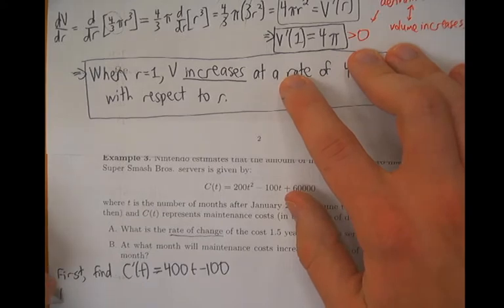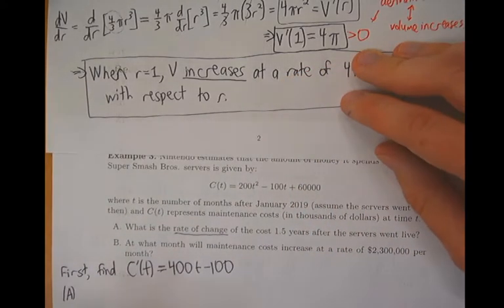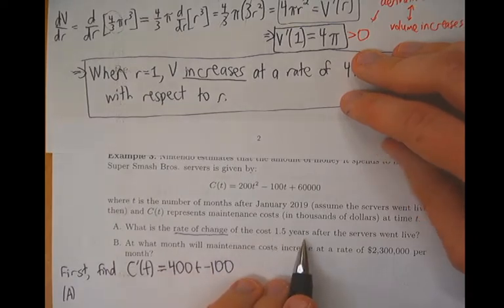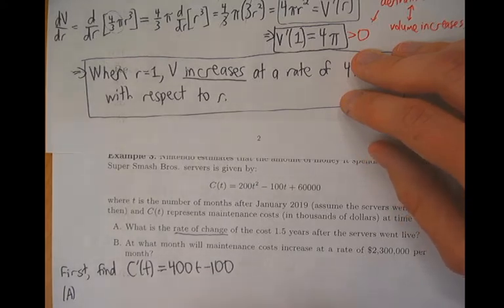Okay. So applying that to part A, we're trying to figure out the rate of change of the cost 1.5 years after the servers go live. So what should that tell us about what we need to plug into t here? Let's give someone else a chance. So what do we need to plug in as our t value here?